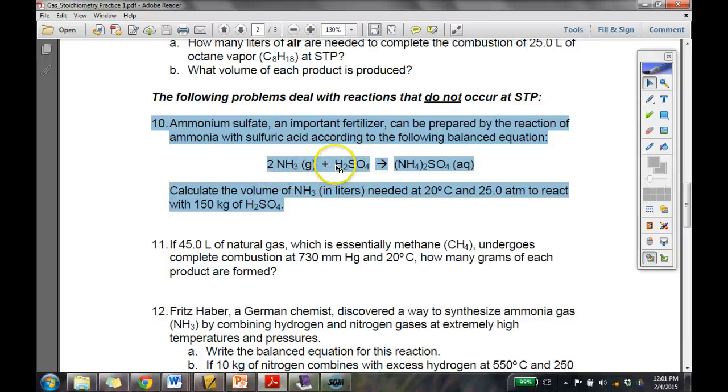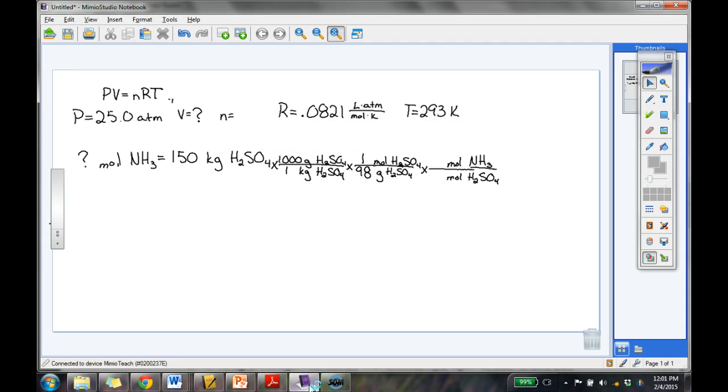H2SO4 has no coefficient, so that is really a coefficient of 1. We can plug those numbers right in here, 2 and 1, and then solve. We multiply everything across the top, multiply everything across the bottom, and we end up with something close to 3,069 moles of NH3.